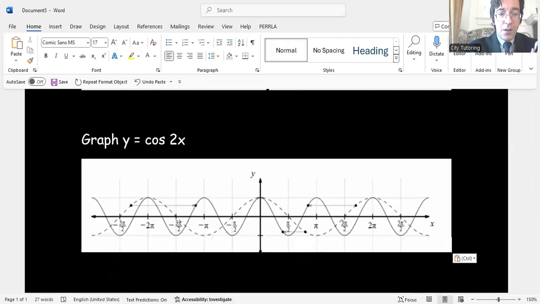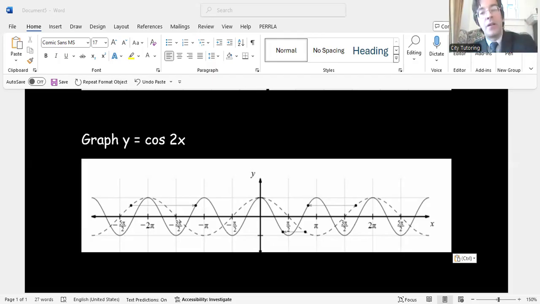All right, so you see what happened here, right? The solid line is cosine of 2x, and the dashed is cosine of x. Now, what about the period of cosine of 2x? This is very important. The graph of cosine of x repeats every 2 pi.